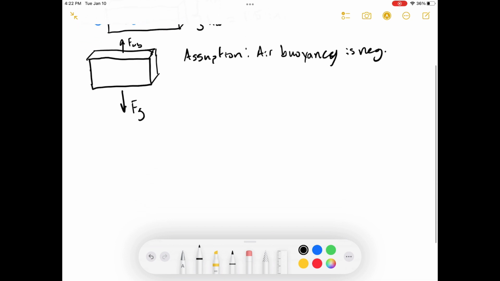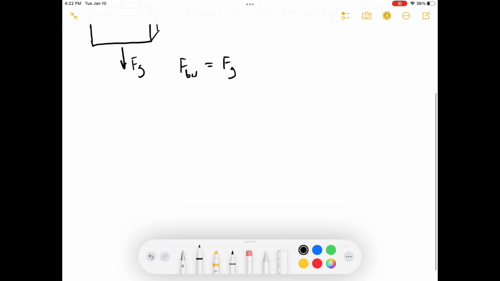So that means that the force of the buoyancy due to the water is equal to the force due to gravity. From Newton's second law, we know that force equals mass times acceleration. And in this case, the acceleration is only due to gravity.